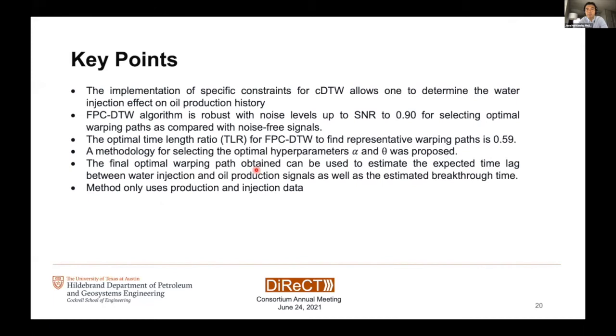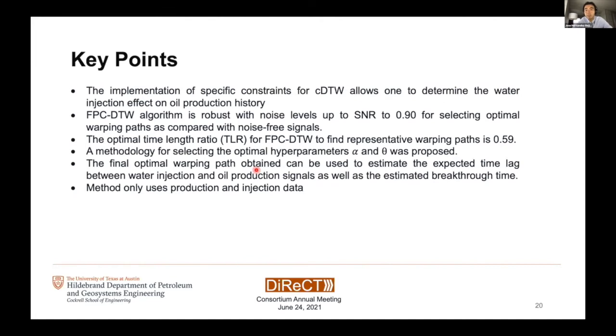Some of the key points for this presentation are that the implementation of physics constraints to the classical dynamic time warping algorithm can allow us to determine the influence of the water injection on the oil production response. We also identified that this algorithm is robust with noise up to 0.90 signal to noise ratio, and we also determined the optimal ratio of the lengths of the two time series to determine a significant match between the two.